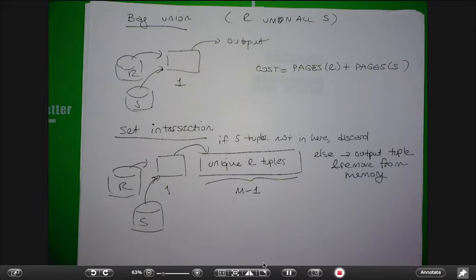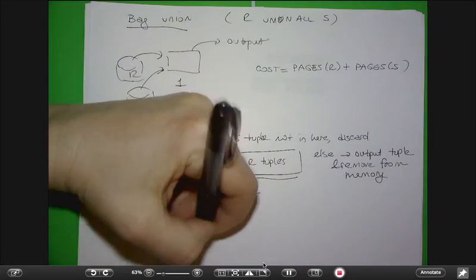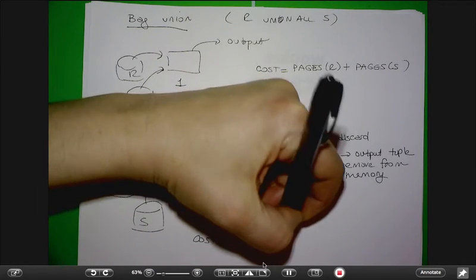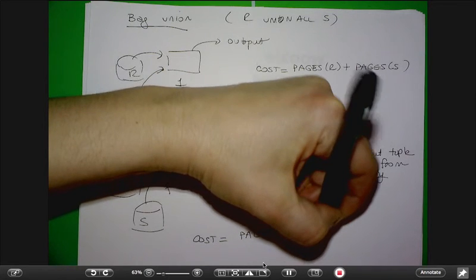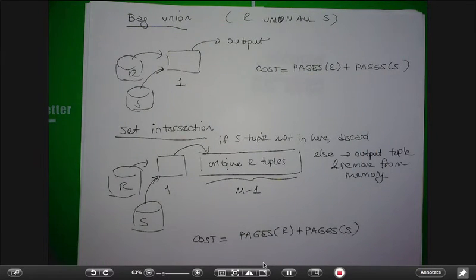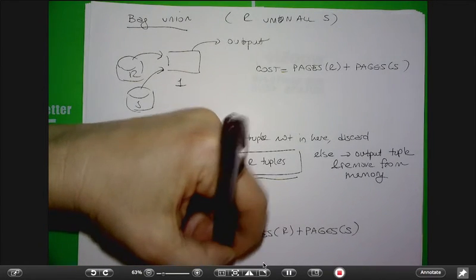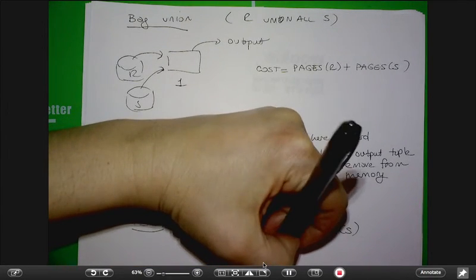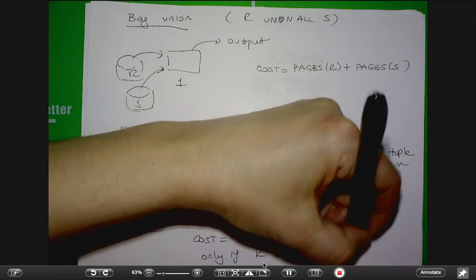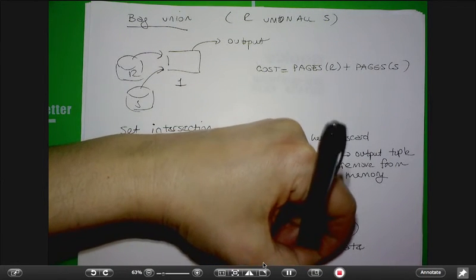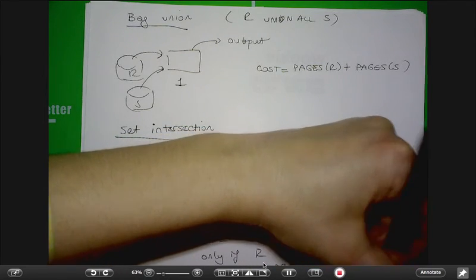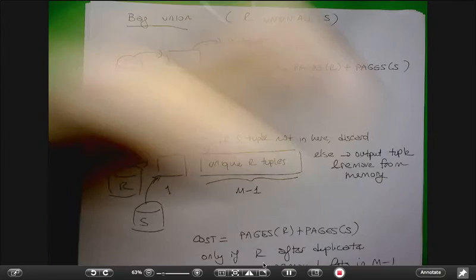Again, the cost of this is pages of R plus pages of S, but only if R after duplicate removal fits in M minus 1 blocks.